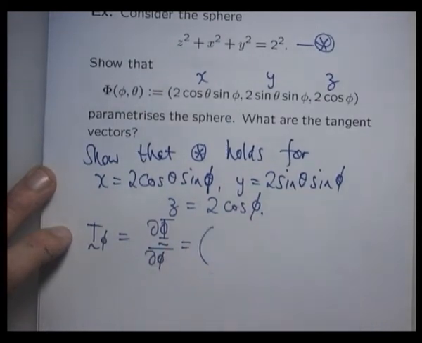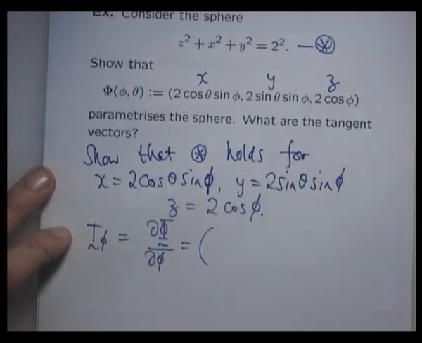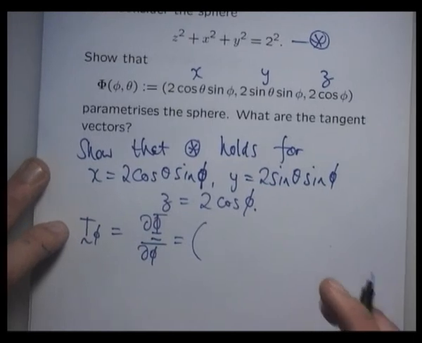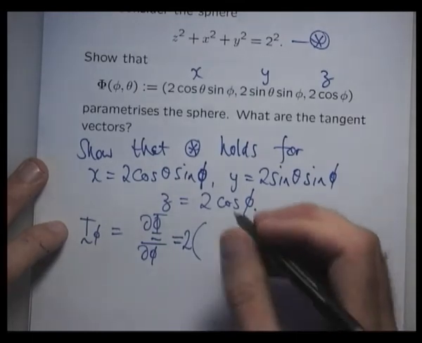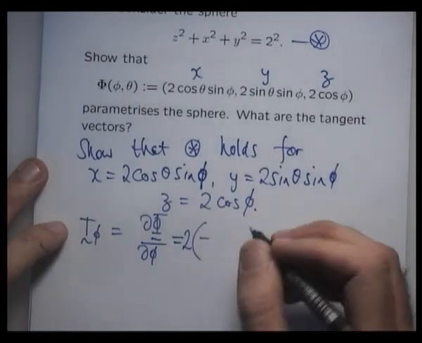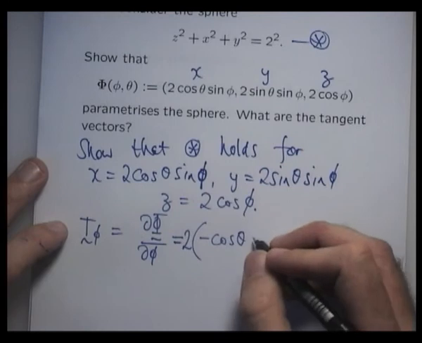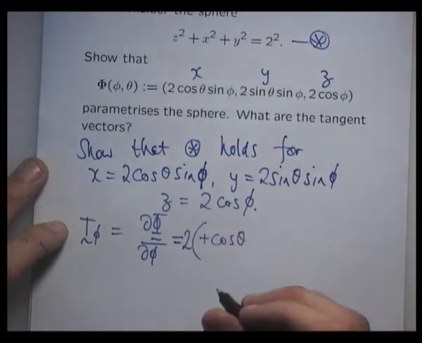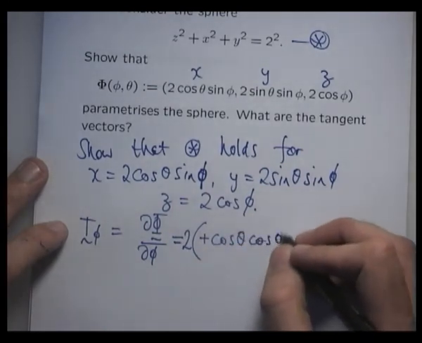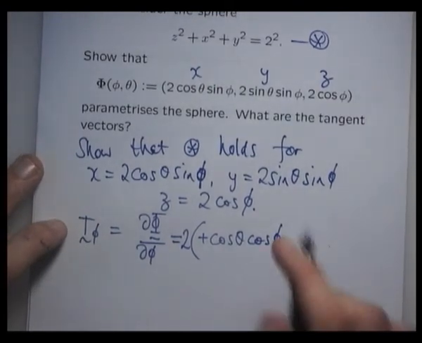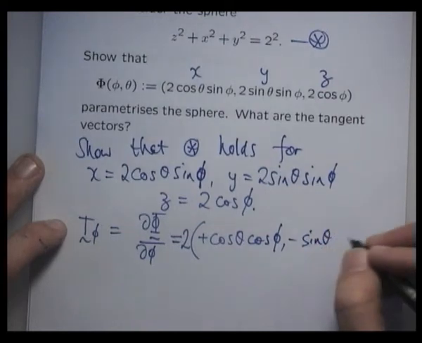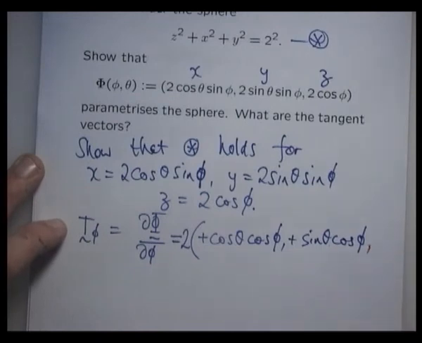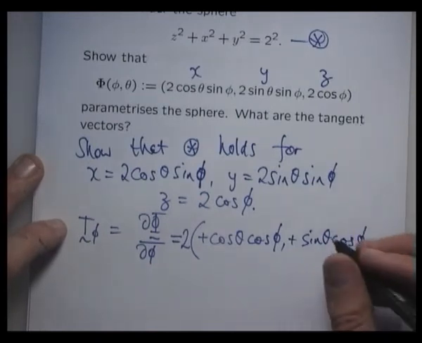So we're going to produce a new vector function here, which is going to be, what's it going to be? So I'm going to take the 2 out the front. So we're going to get minus cos theta, oh, no, plus, sorry, cos phi. And move on to the next one, minus sine theta, cos phi, and then over here we're going to get minus sine.